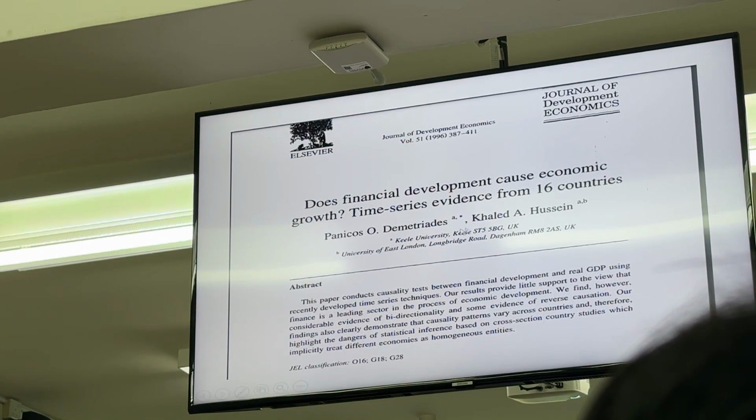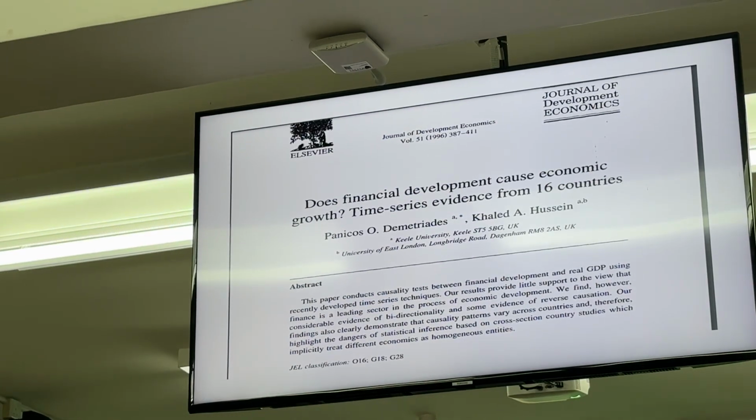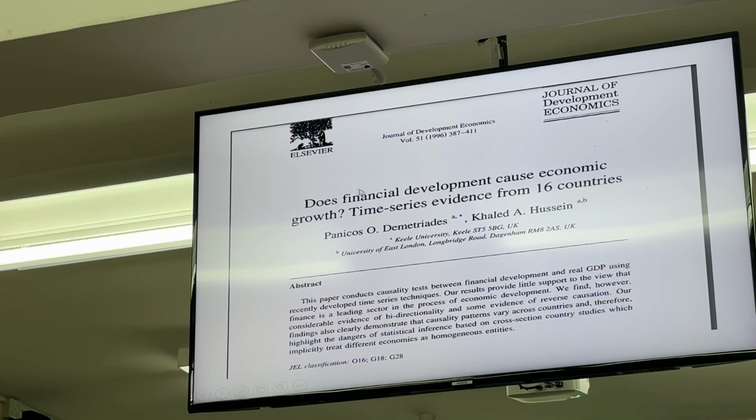So this paper is a highly cited paper, and they focus on the time series evidence from 16 countries, including our discussion today, talking about the causality. But we apply it in a different way. We use the example of money demand and income. But they focus on whether finance leads growth or growth leads finance. This is another classical theory in economic growth and finance.